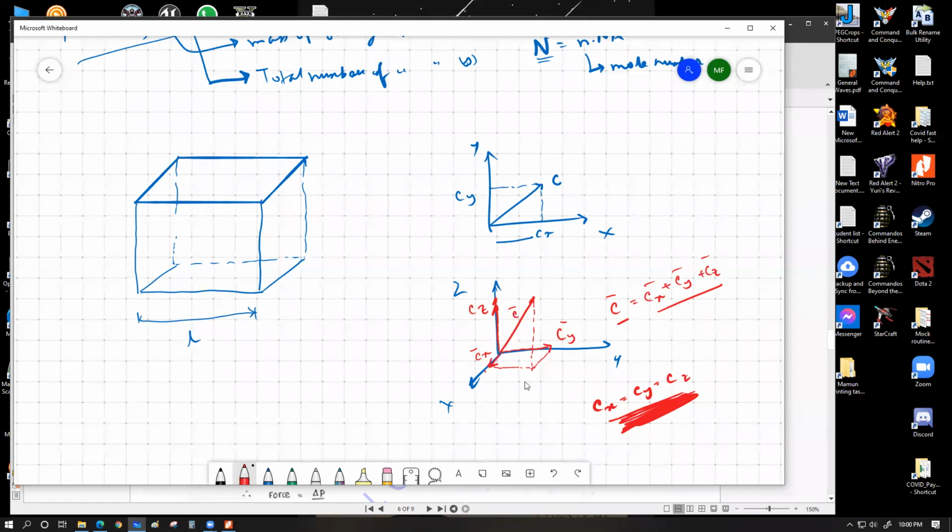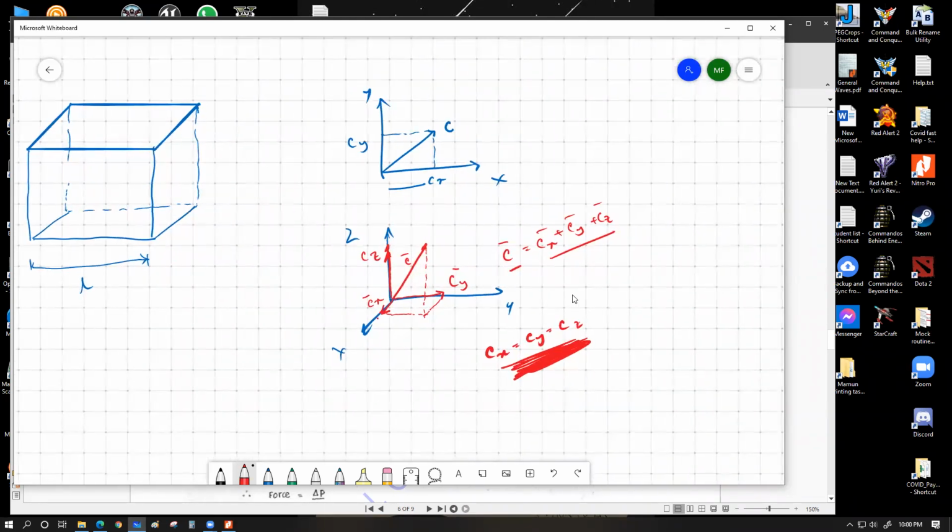So in other words, I can write that the value of c can be written as 3 times the value of one dimension speed, or the exclusive value of cx can be written as 1/3 of the magnitude of the total velocity, because we just added this all together. This is basically where the 1/3 is going to come up in our upcoming derivation process.